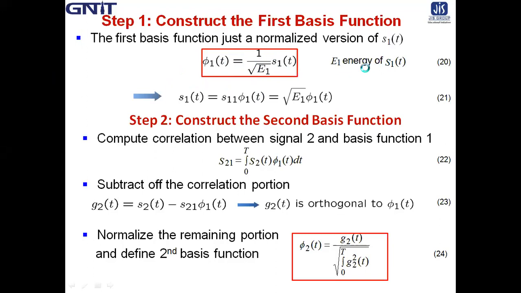Then we can say that s_1(t) is equal to s_11 into phi_1(t). This comes from the geometric representation of the signals, and s_1(t) is equal to root over E_1 into phi_1(t).